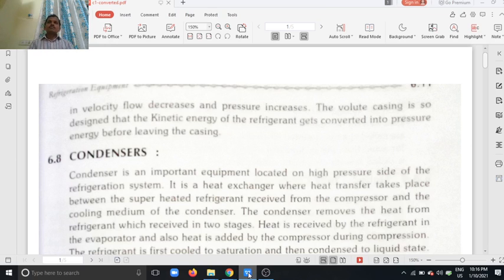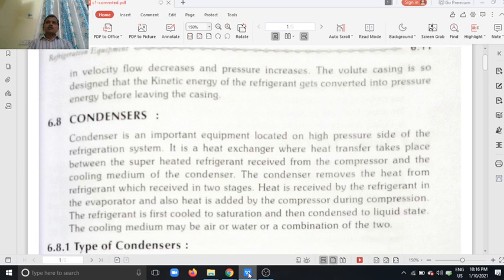First, in the evaporator, it absorbs the heat from the cooling media, and second, in the compressor. While compressing the refrigerant, it raises the temperature. So this two-stage heat is rejected to the surroundings in the condenser. That is the main function of the condenser.